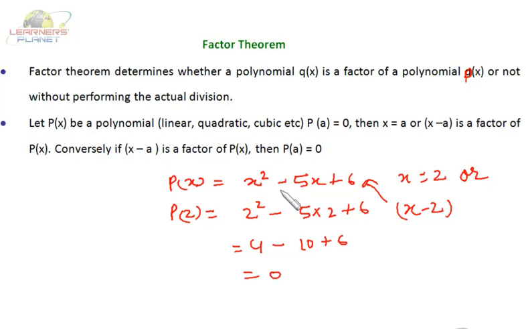Similarly, if I put x as 3, I again get the value 0, so x minus 3 is also a factor of this polynomial. So without performing actual division, we come to know the factors of the given polynomial. This is the factor theorem. We'll take applications of the factor theorem and remainder theorem in the same session.